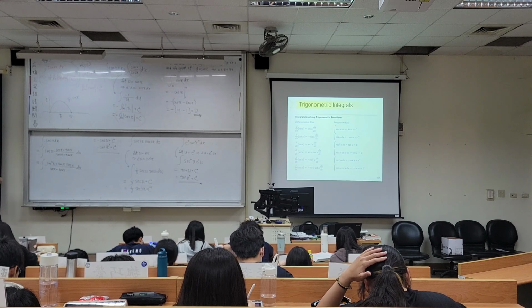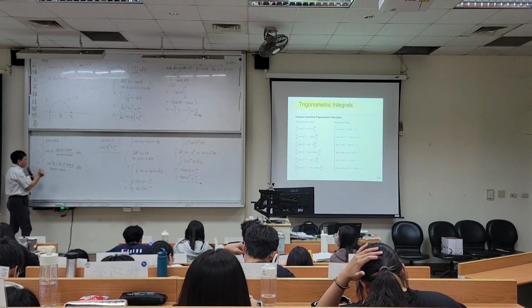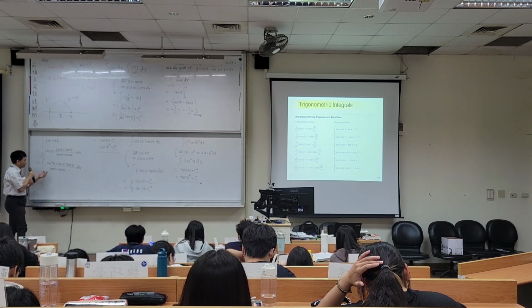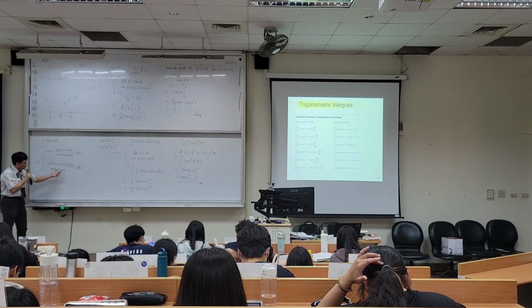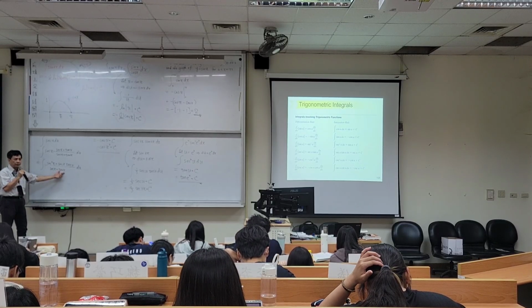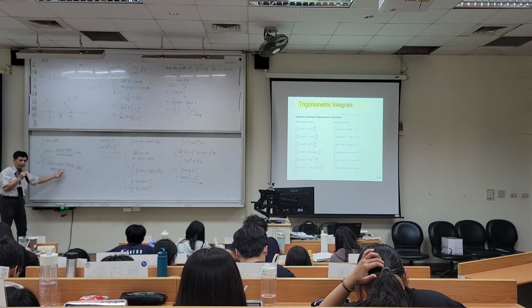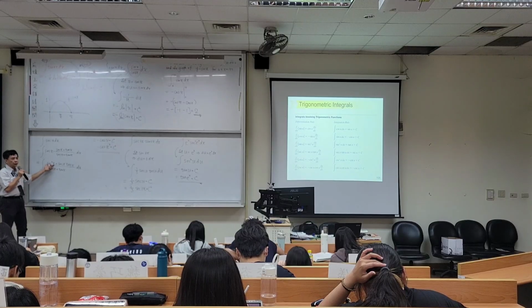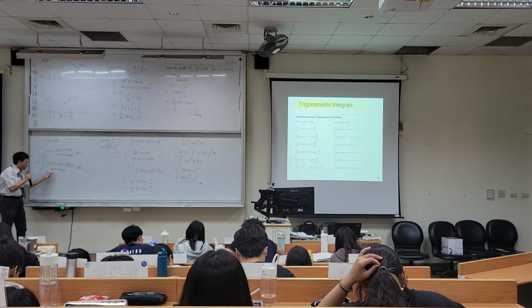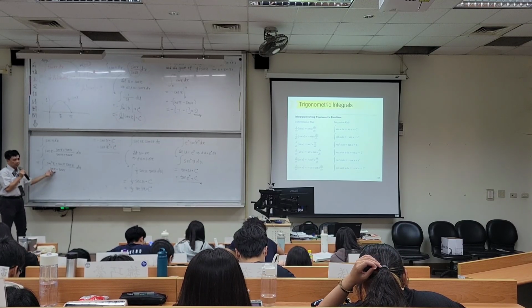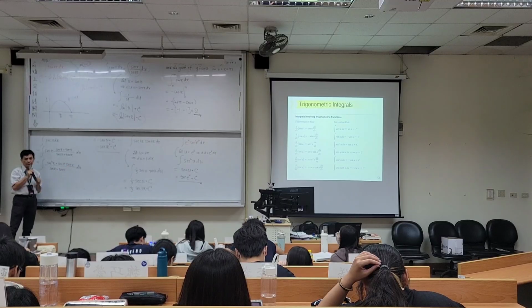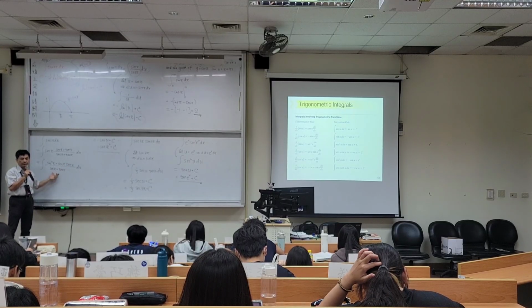And see, here's the magic part. Derivative of tangent is secant squared. Derivative of secant is secant tangent. See there?